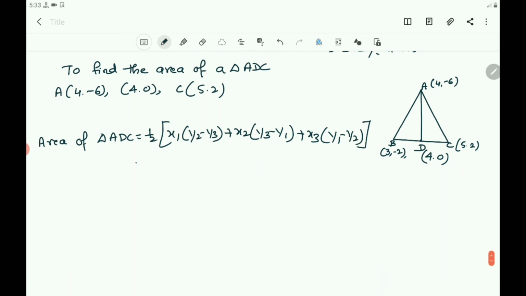Then write the values, taking these as (x1, y1), (x2, y2), (x3, y3).